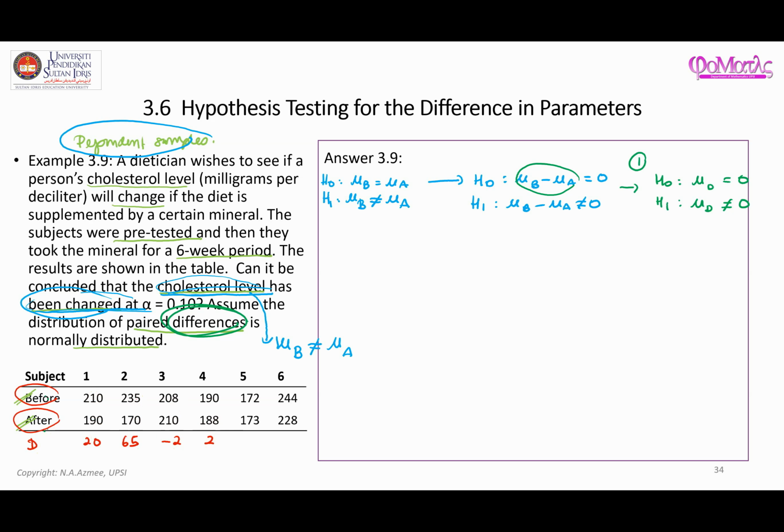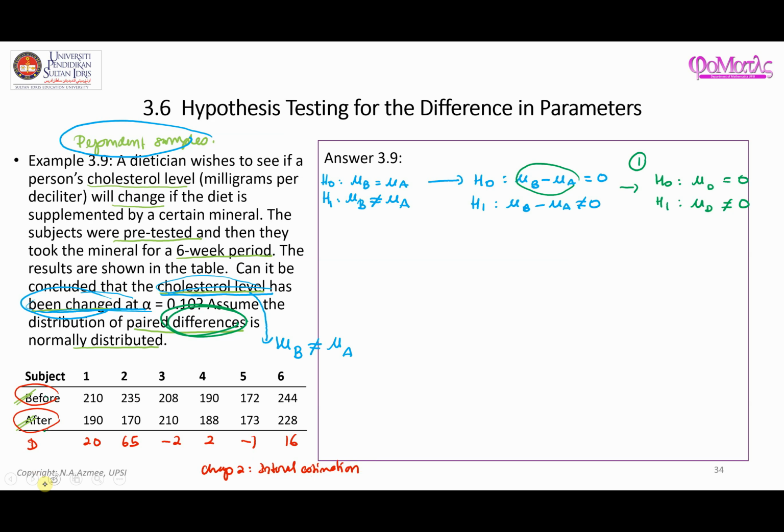This is 2, negative 1, and 16. If you remember, this is actually the same example which you have seen in chapter 2, the interval estimation, when you have the case of dependent samples.